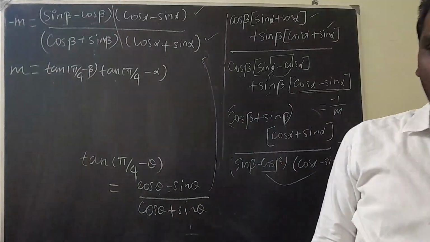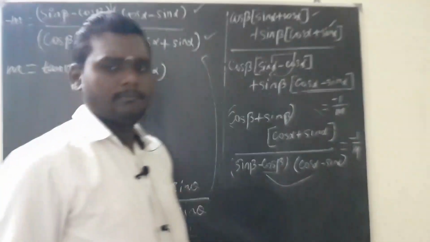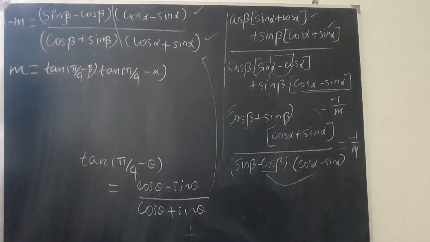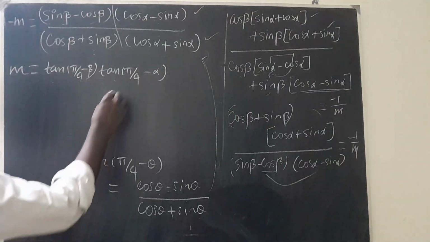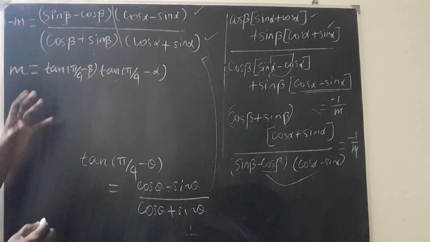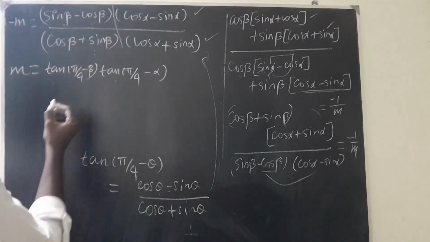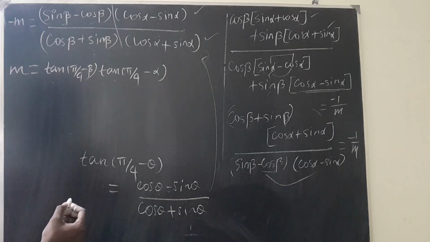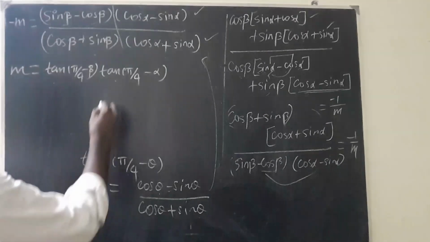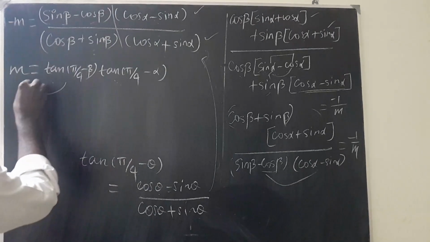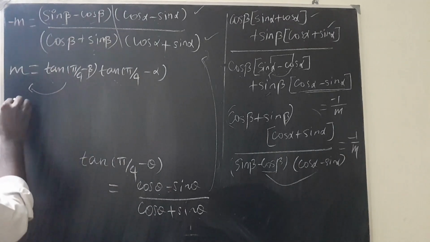Now is this the value we have to prove? They kept alpha one side and beta one side. So this alpha one side, beta moved to other side. What can we write?